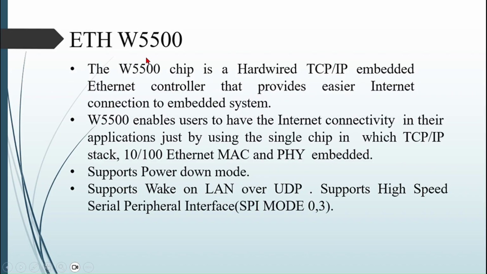Next is the ETH-W5500 Ethernet shield. It is a chip with hardwired TCP/IP embedded Ethernet controller that provides easy internet connection to our embedded system. It enables us to have an internet connection to the appliances using a single chip, in which TCP and IP stacks, 10/100 Ethernet MAC and PHY are embedded.